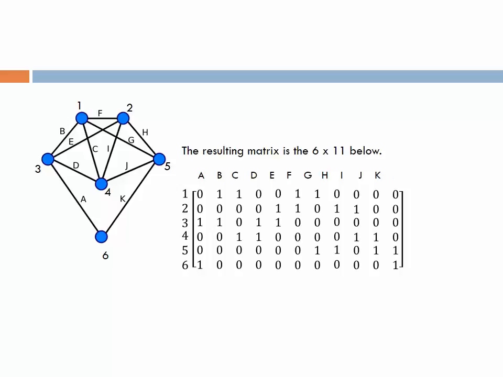Now what about each row? What is the sum of each row? Well, each row indicates what that vertex or node is incident to, so the sum ought to be the degree. So if you look at row 6, you get a sum of 2, and that is the degree of node 6.